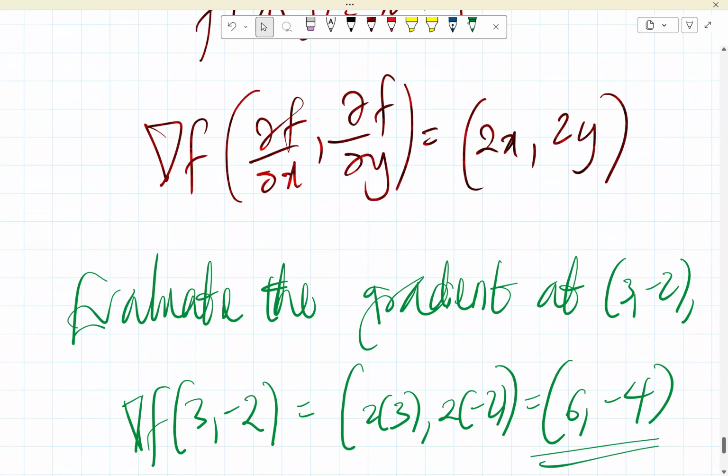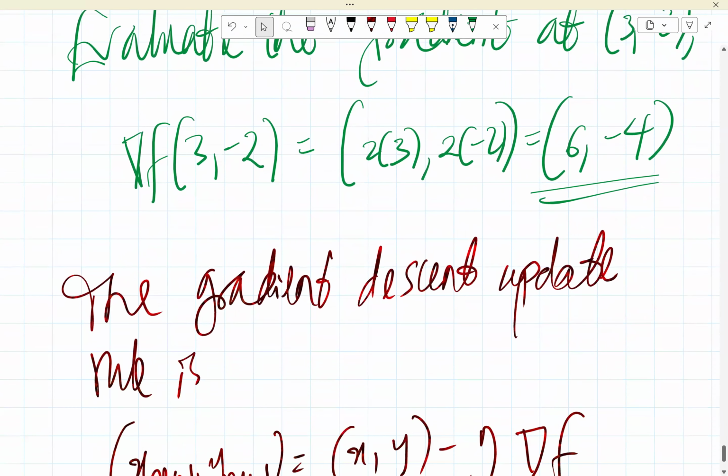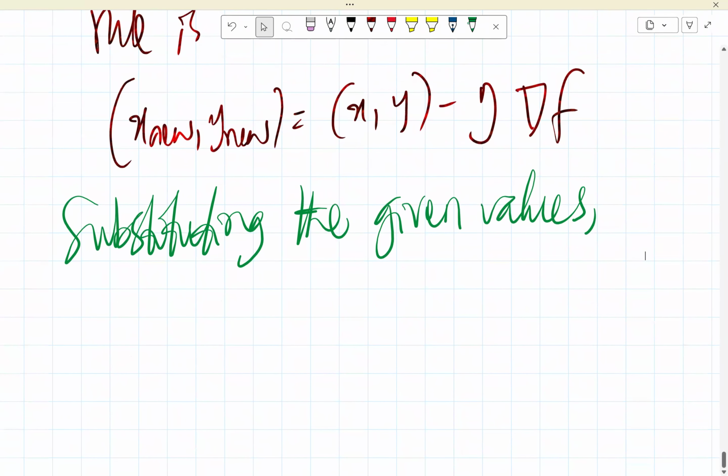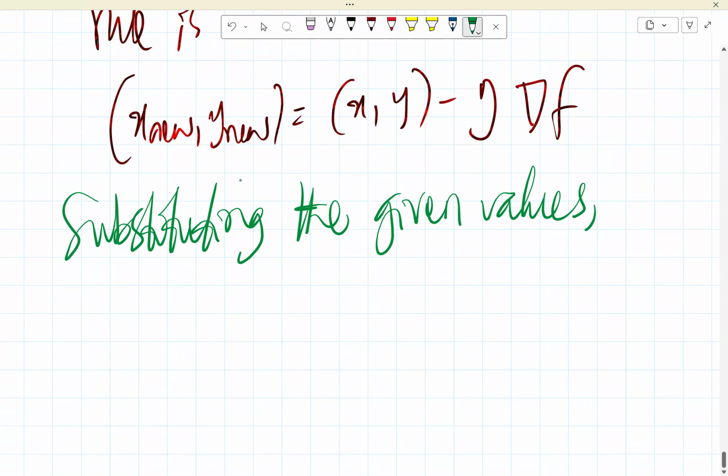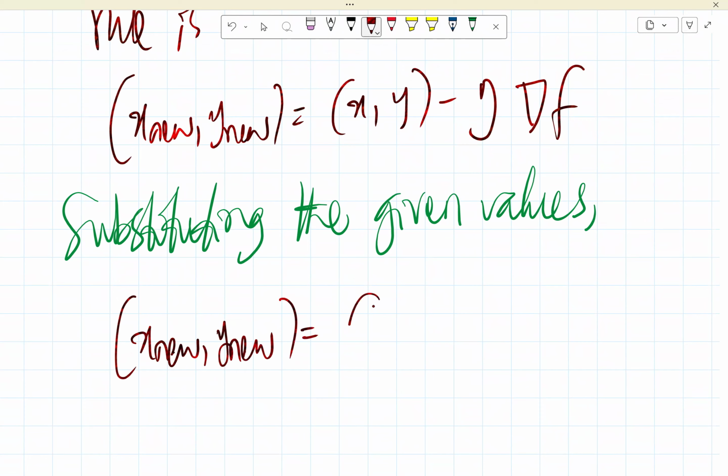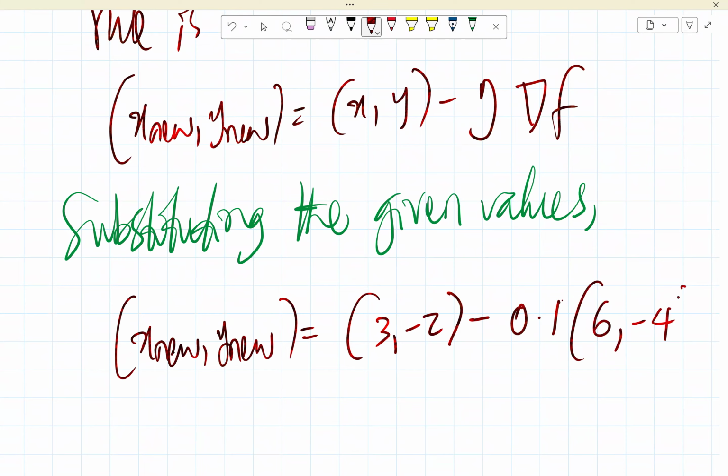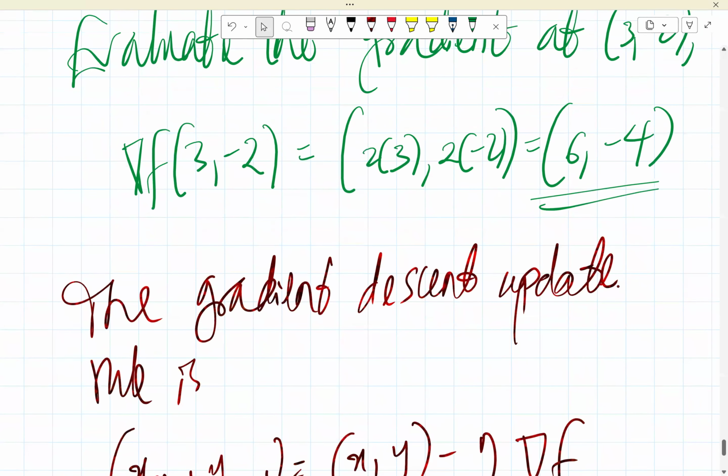Okay, 3 and minus 2 are the old ones actually, because we need x new and y new. So x new, y new is equal to x old, y old, which is 3 comma minus 2, minus 0.1 multiplied by 6 comma minus 4. That's the gradient we got up here.